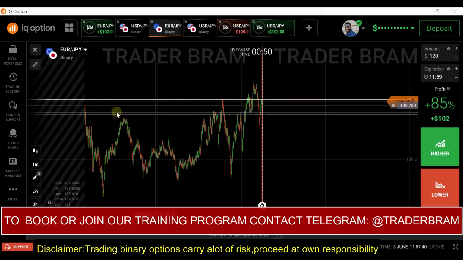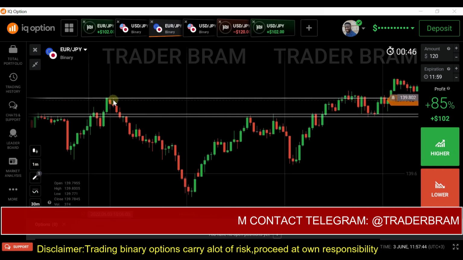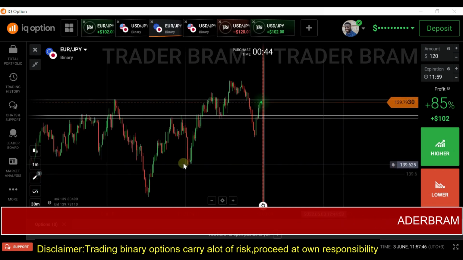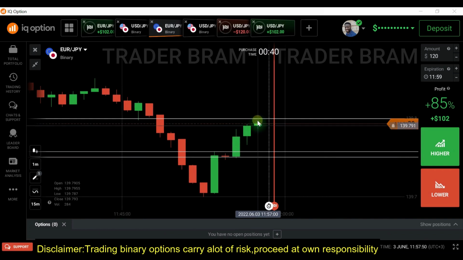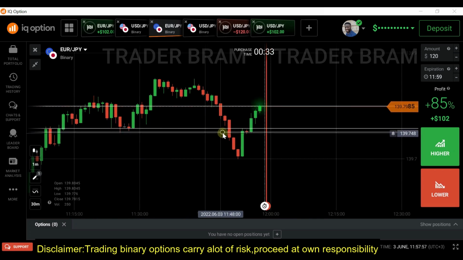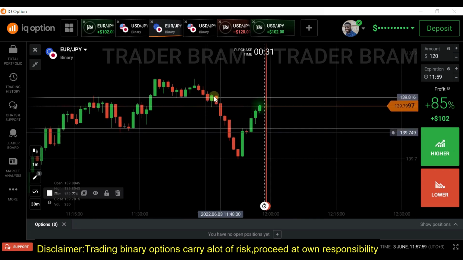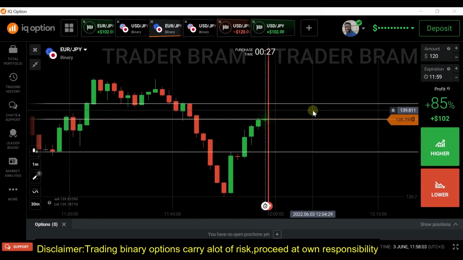So when you check on the left, this is the level that we have. From this area, we saw a very strong bearish movement. So the market will try as much as possible to come to that area. So that's our area of support and resistance.